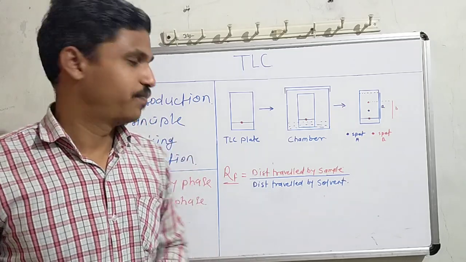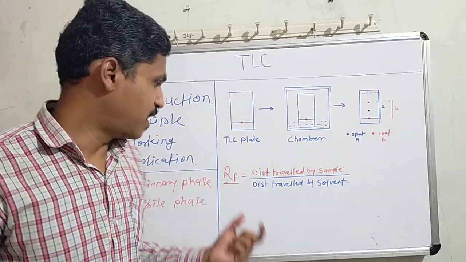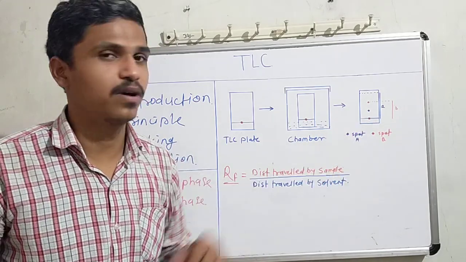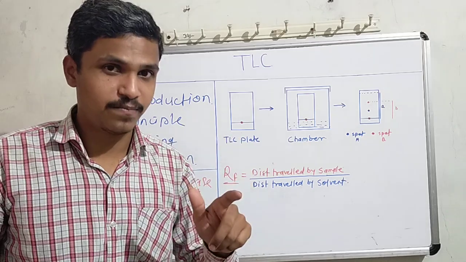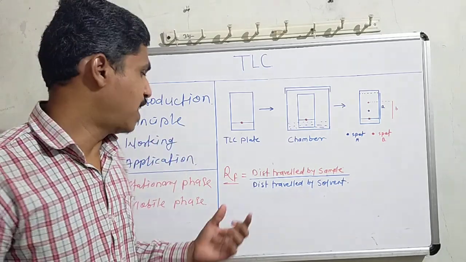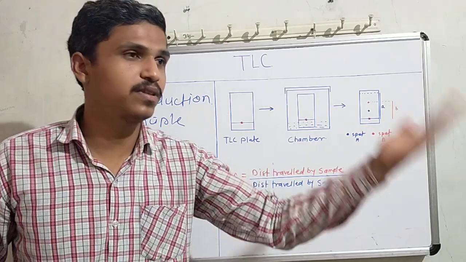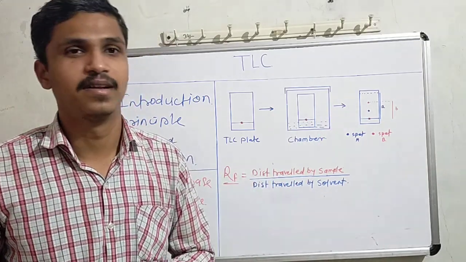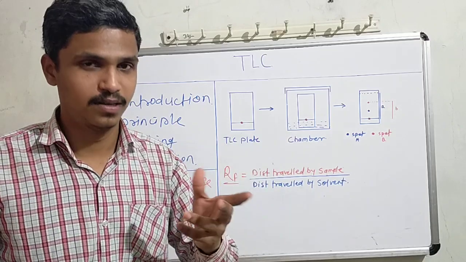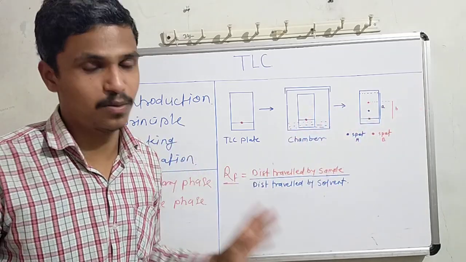It is very interesting that different components have different RF values. So the RF value that we got on this particular plate by analyzing the spot can be matched with the RF value of the component present in the references. If our calculated RF value matches the RF value of a component in the references, then we can say that the compound may be similar, that the compound may be this compound.